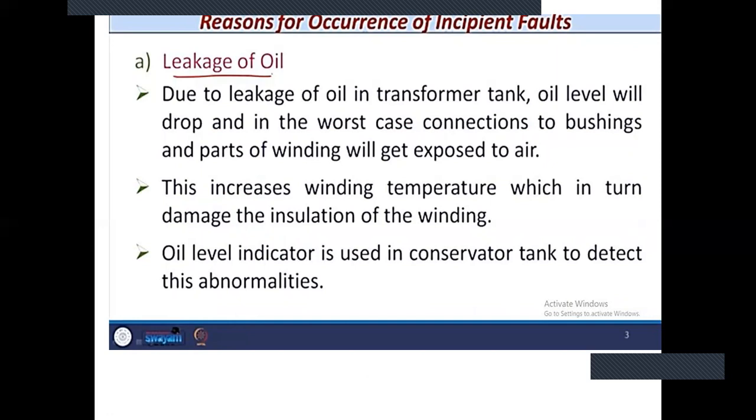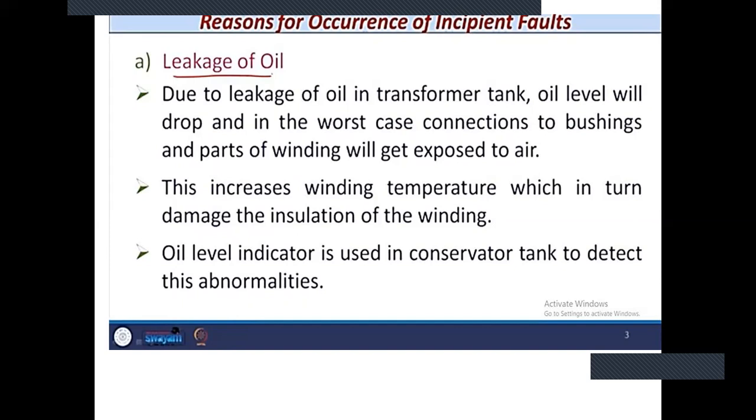Due to leakage of oil in the transformer, the oil level may drop, and in a worse condition, the bushings and other parts of the winding may be exposed to the air. This increases the winding temperature, which in turn finally damages the insulation of the winding.